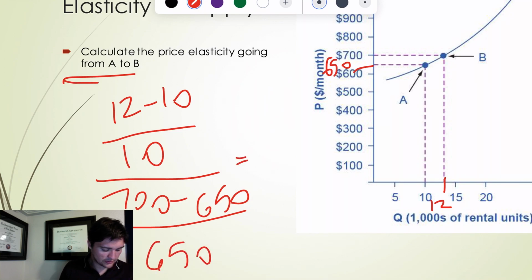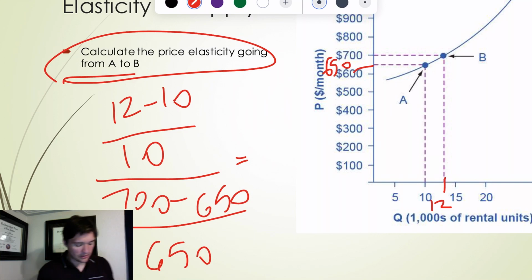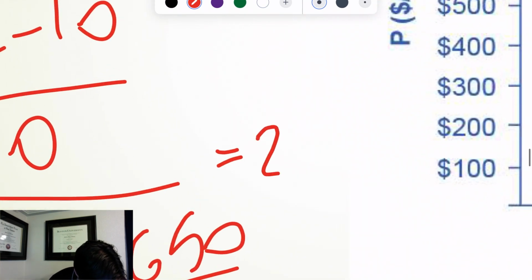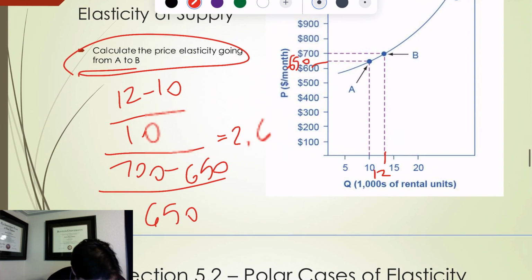And so what is the price elasticity of supply from A to B? You should get 2.6, something like that.